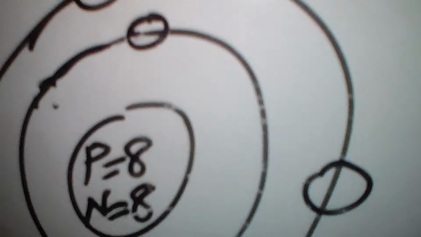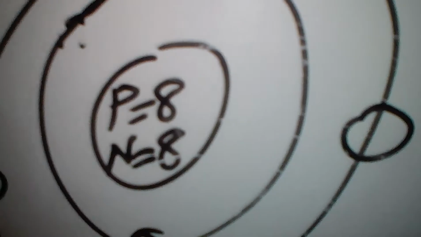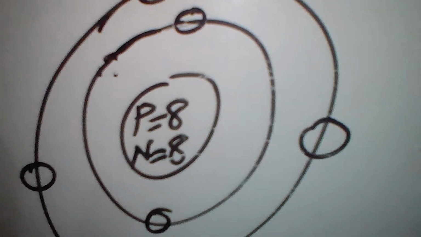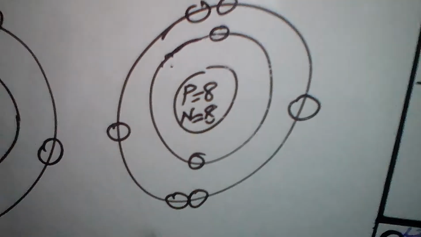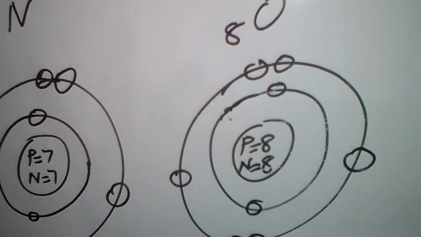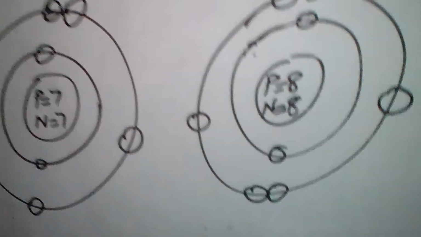Oxygen has atomic number 8 and mass number 16. The nucleus contains 8 protons and 8 neutrons. The first shell contains 2 electrons and the remaining 6 are present in the valence shell: 1, 2, 3, 4, 5 and 6. So, elements belonging to the 6A group have 6 valence electrons.